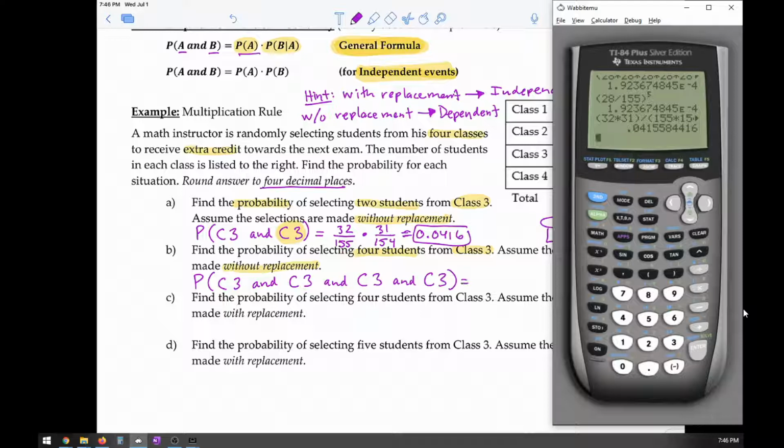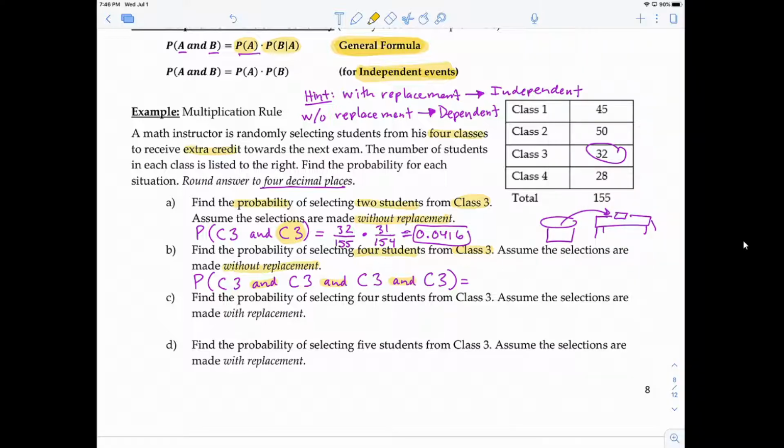So this is a multiplication rule problem again, because we can interpret this as AND, right? Class 3 and then class 3 and then class 3 and then class 3 for each of the trials. So multiple trials and probability. We know we're going to multiply each of the probabilities.